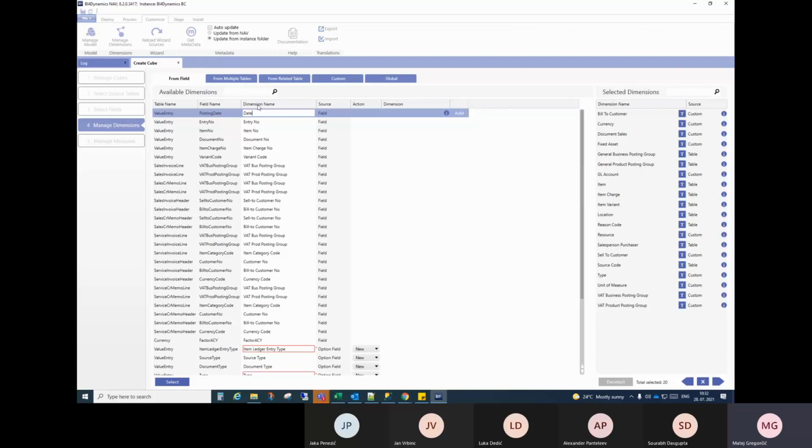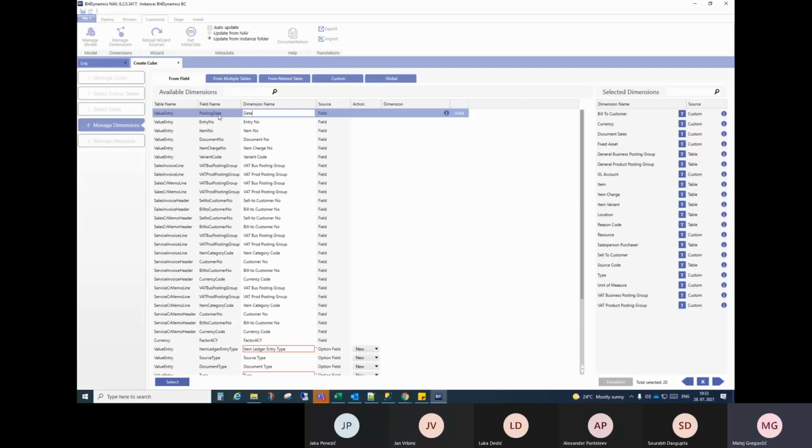Now we decide on the dimension name, okay? We'll not call it a posting date, but we'll just call it a date, because all of the dates being there will essentially be a posting date. Now, if we have some other dates, we'll rename it accordingly, but this will simply show up as date in the reports.